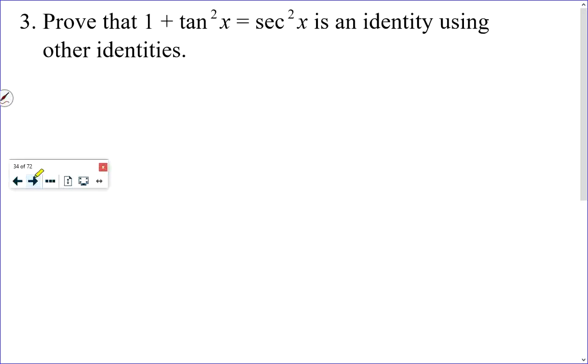Okay. So with example 3, there's a lesson that we're going to be doing probably Friday of this week or Tuesday of next week on proving identities. But I'd like to just introduce you to the concept of a proof to begin with.